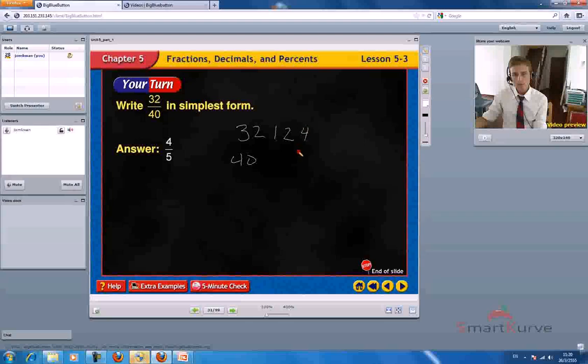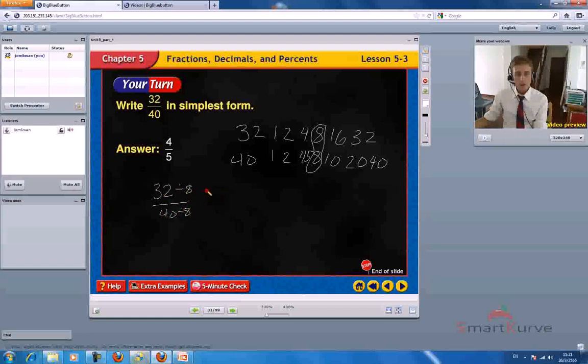32 and 40. The factors of 32 are 1, 2, 4, 8, 16, and 32. 40, we have 1, 2, 4, 5, 8, 10, 20, and 40.